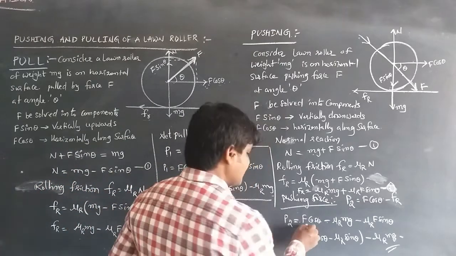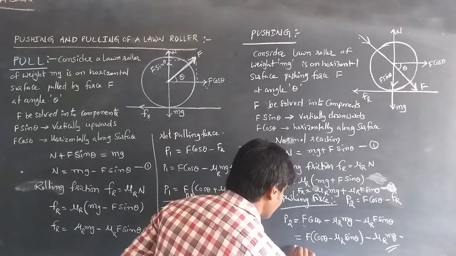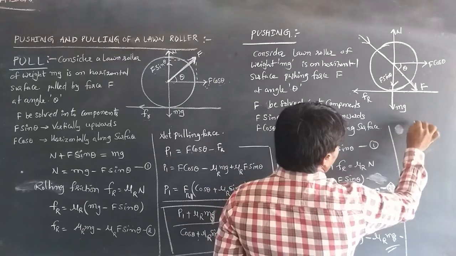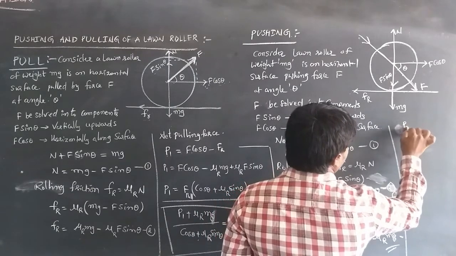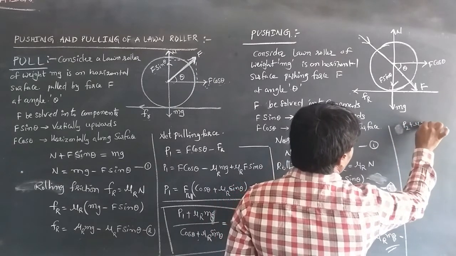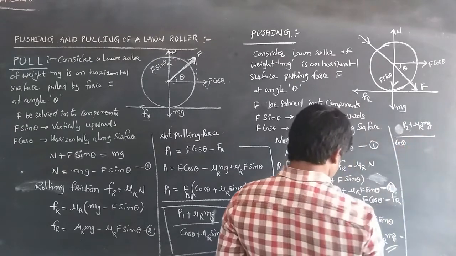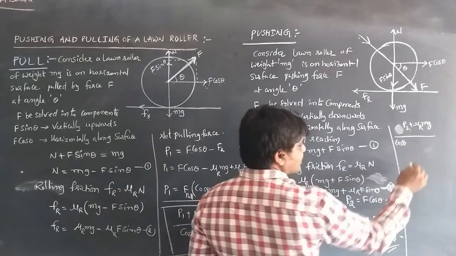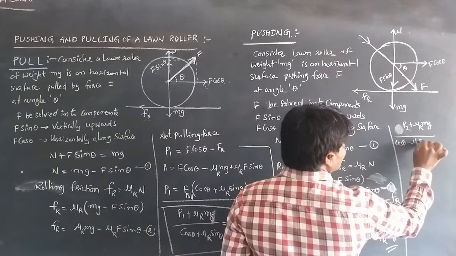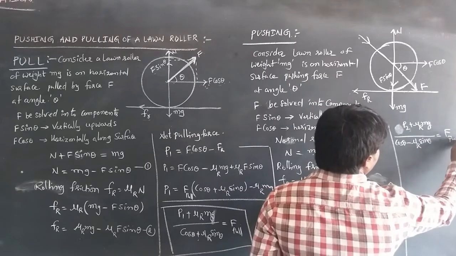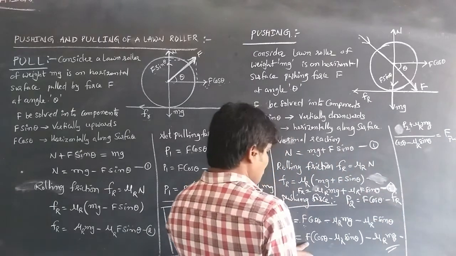And in the case of pushing, we get (P2 plus mu r mg) by (cos theta minus mu r sin theta) is equal to F. This one is the pushing force.